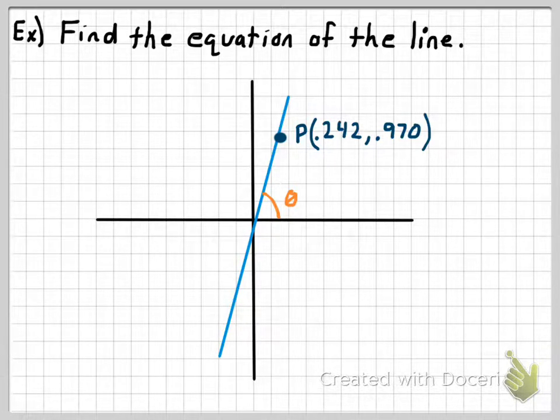We can use the cosine inverse and apply that to the x-coordinate. All right, I can say theta equals the cosine inverse of 0.242, or we could say that theta equals the sine inverse of the y-coordinate.